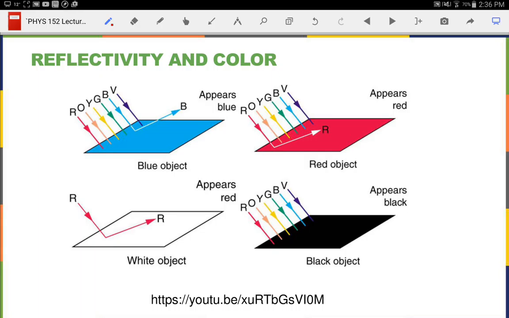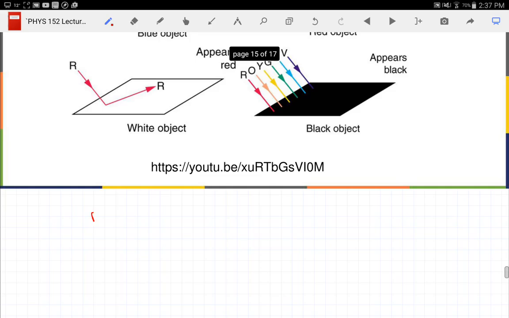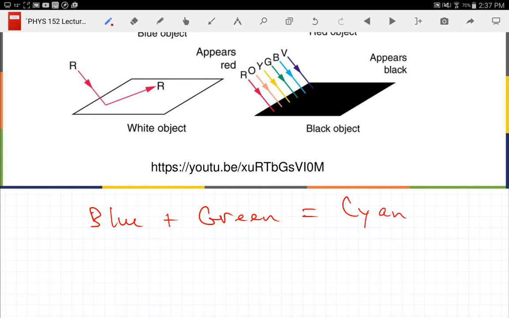What is our eye going to see with blue and green? We call that color the complement of red. If we have blue and green mixed together, our brain takes those two colors and says blue plus green is equal to cyan.